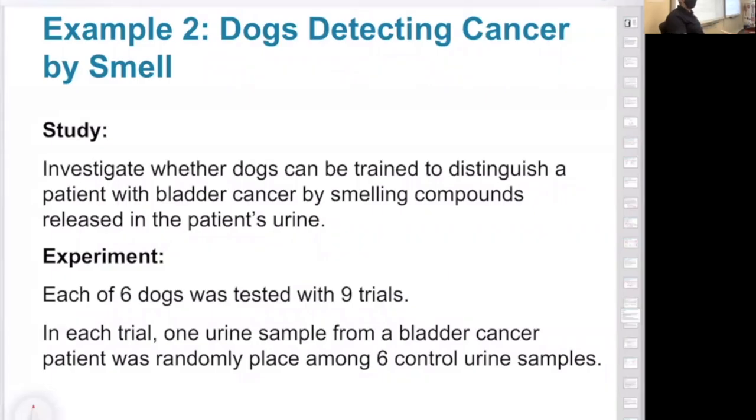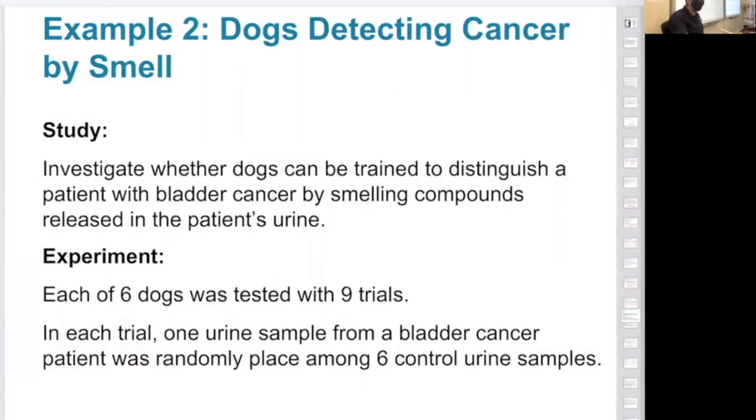Look at this example. We have dogs detecting cancer by smell. The study investigates whether dogs can be trained to distinguish a patient with bladder cancer by smelling the compounds released in the patient's urine. In the experiment, each of 6 dogs was tested with 9 trials.